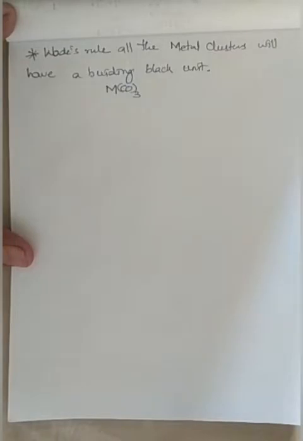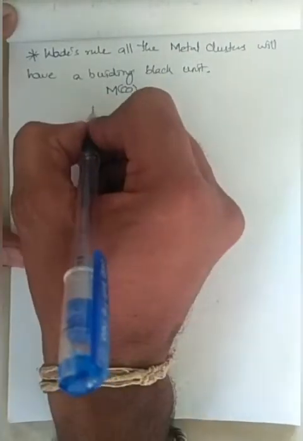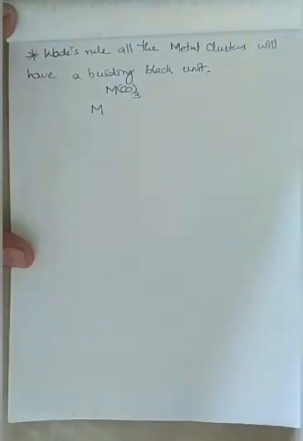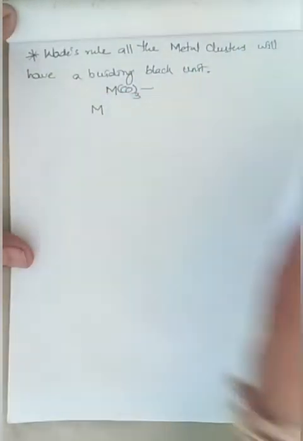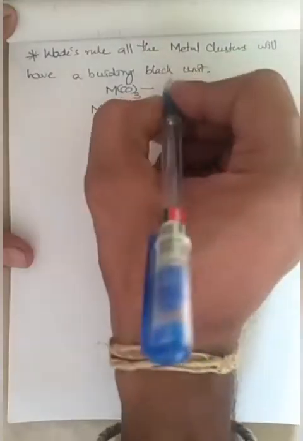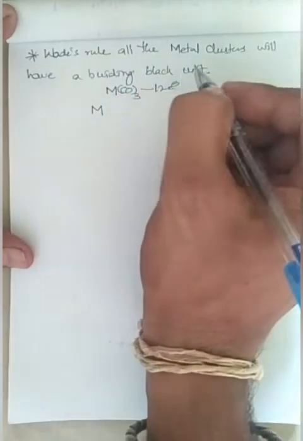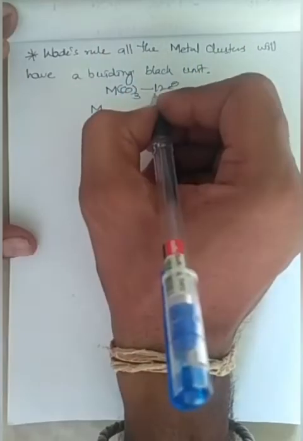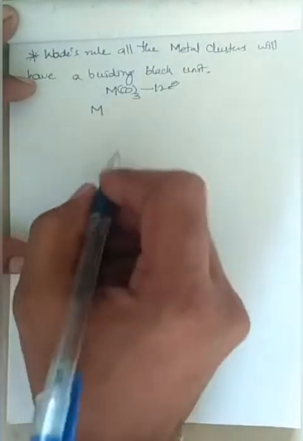So when that building block unit exists, each building block unit will contribute 12 electrons. How does it contribute 12 electrons?